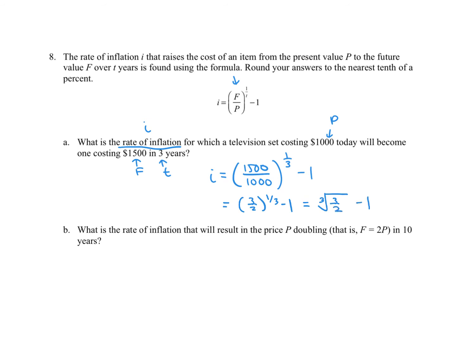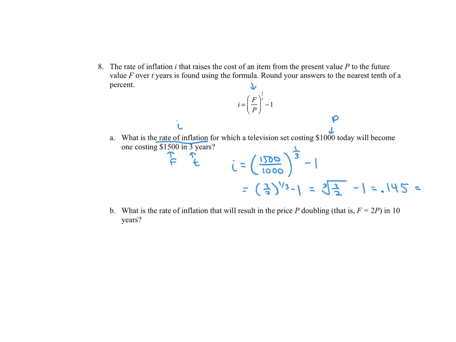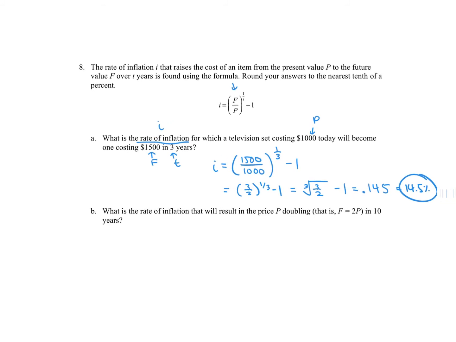Make sure the minus 1 is not under the cube root, and you should get 0.145. And if we move the decimal 2 places, that's the same as 14.5%, because the rate of inflation should be 8%.